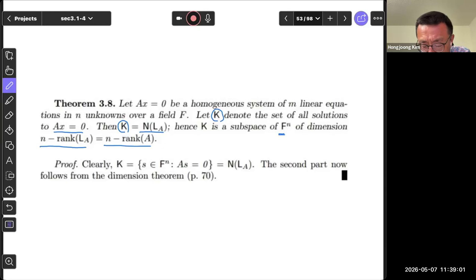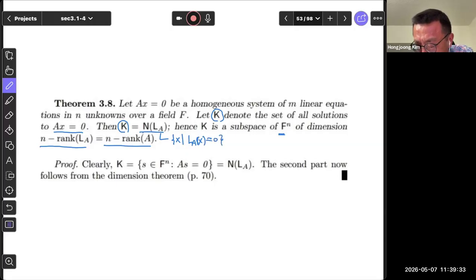But that is trivial, because the null space of L sub A, what is the meaning of this? That will be the vectors in the domain such that the image of X under the L sub A transformation is 0.